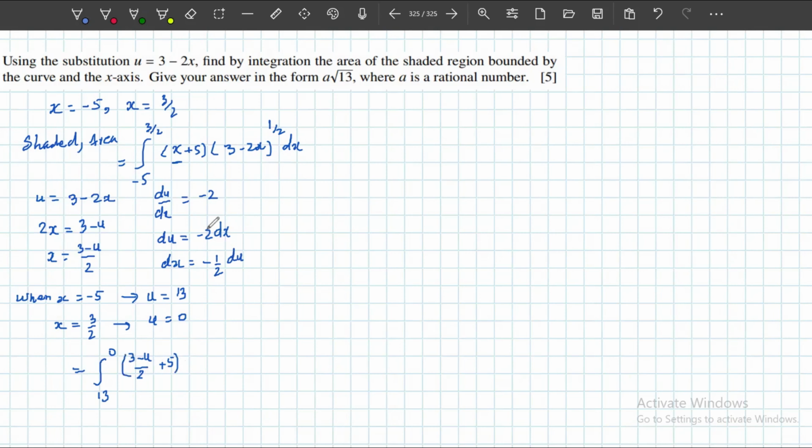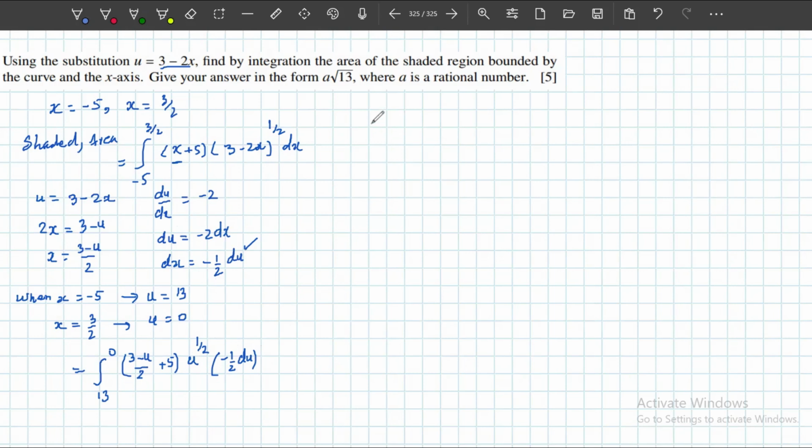And then we have 3 minus 2x, which is exactly u. If you check carefully at the start of the question, u equals 3 minus 2x. So u, but it is to the power 1 by 2. And next we have dx, which we found here as minus 1 by 2 du. So after substituting all these, we will simplify and apply the integration as well.